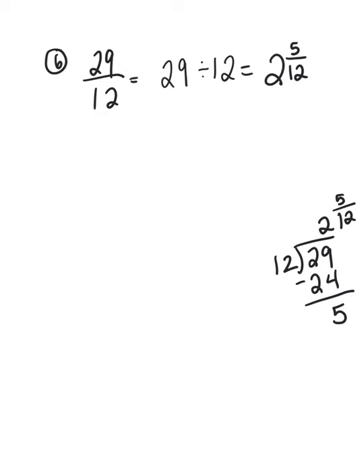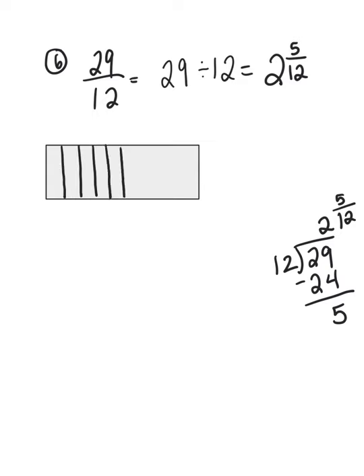Now I can show that with an area model. I'm going to show all together 29/12, and of course I know that's going to be more than 1 whole. Okay, so here's 12/12.